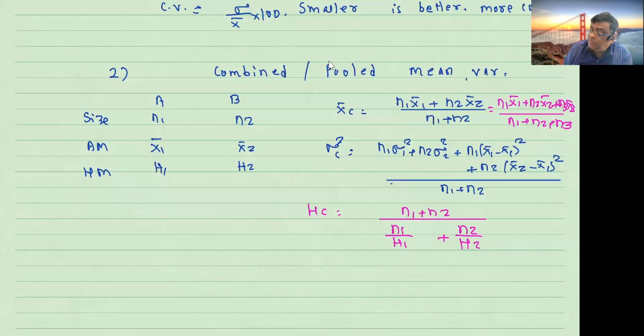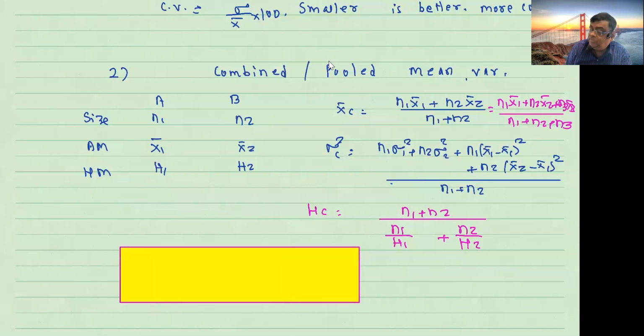And then you have to write over here that we cannot find the pooled geometric mean, mode, median. We cannot find.